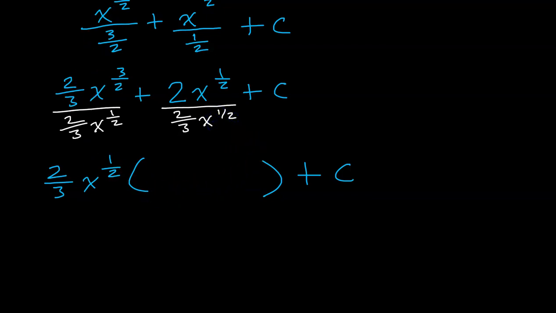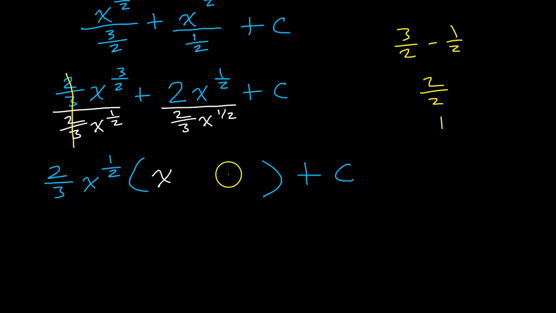So of course, the 2/3 cancels out right here. So that's gone as far as what goes inside of the parentheses here. But then we have 3/2 minus 1/2. Okay, 3/2 minus 1/2 is 2/2, which is simply 1. So this is going to leave simply x inside the parentheses.